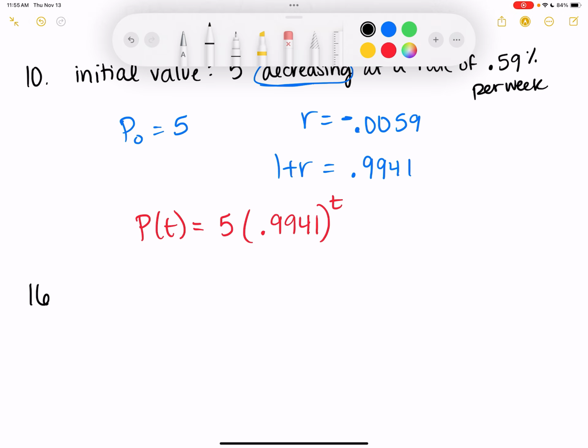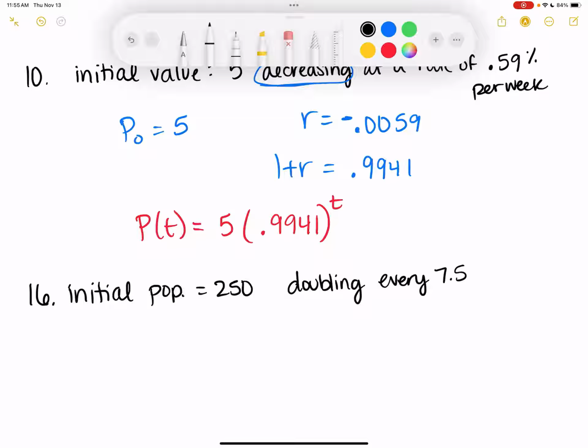So 16, the initial population is 250, and it is doubling every 7.5 hours.